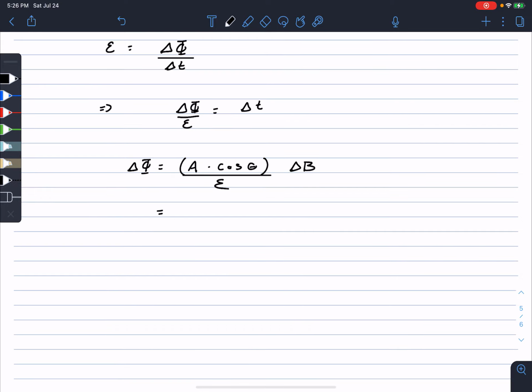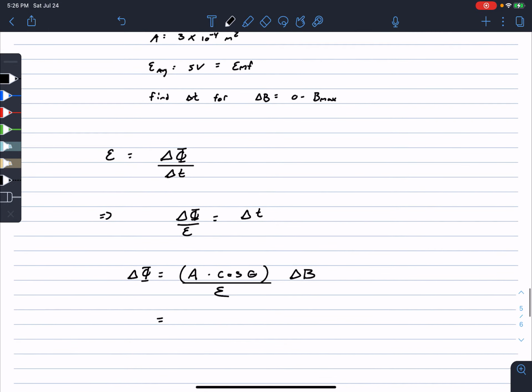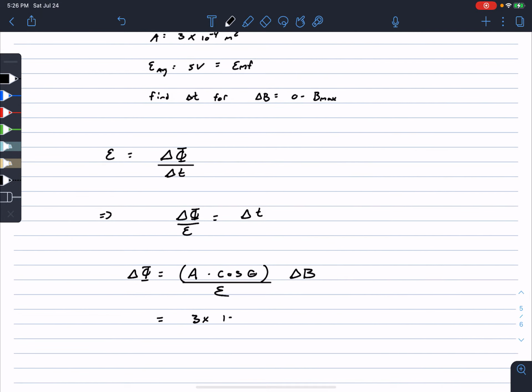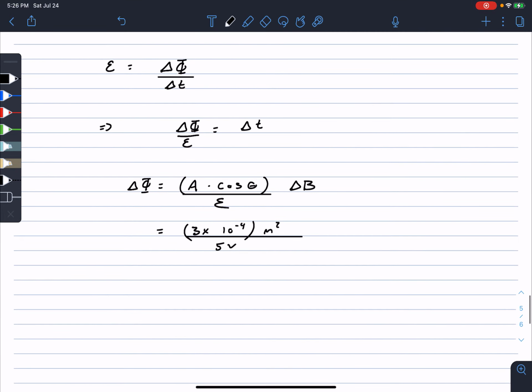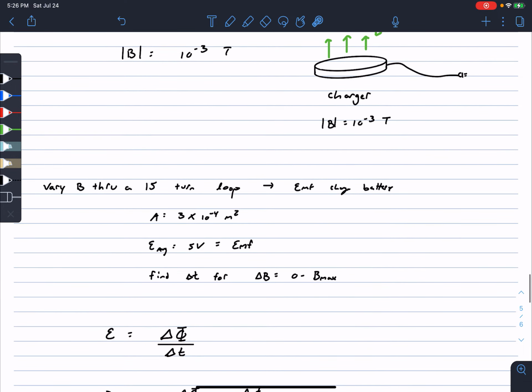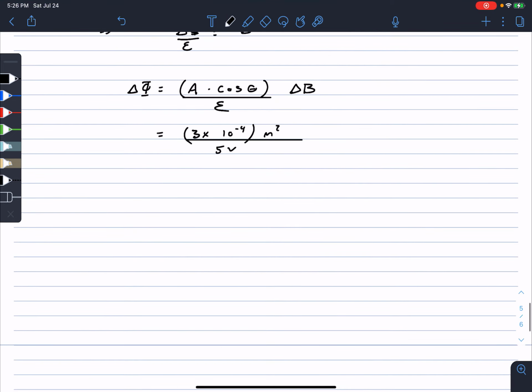We're told the area, that's 3 times 10 to the negative 4 square meters. We're told the EMF, that's 5 volts. And we're told that the maximum B field is 10 to the negative 3 Tesla, and then we want to go down to 0 Tesla. Final minus initial, right? So this is B final minus B initial.